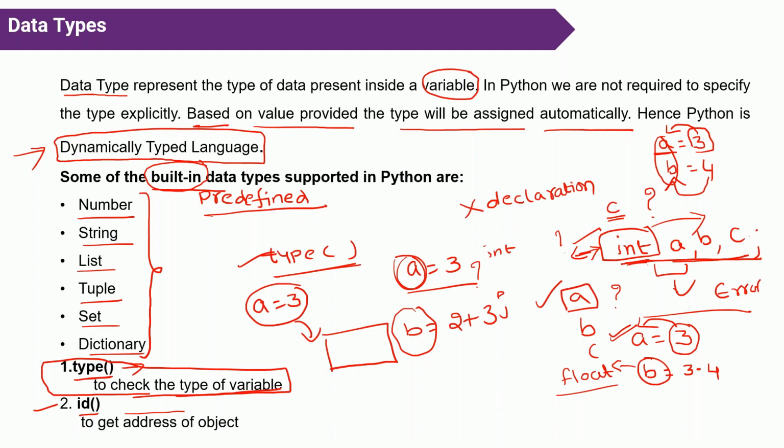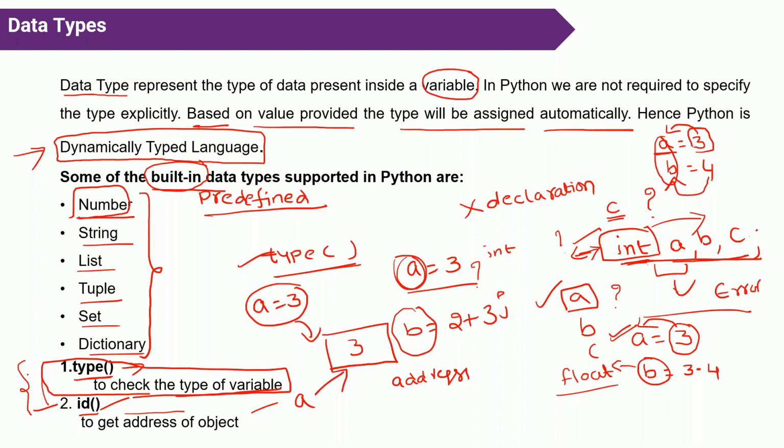Exactly within your system, some memory is allocated with the reference a with the value 3. Where this memory is allocated, that is called the address. By using this id function, we get the address. So remember these two functions. After completion of at least one data type, we will check these functions.